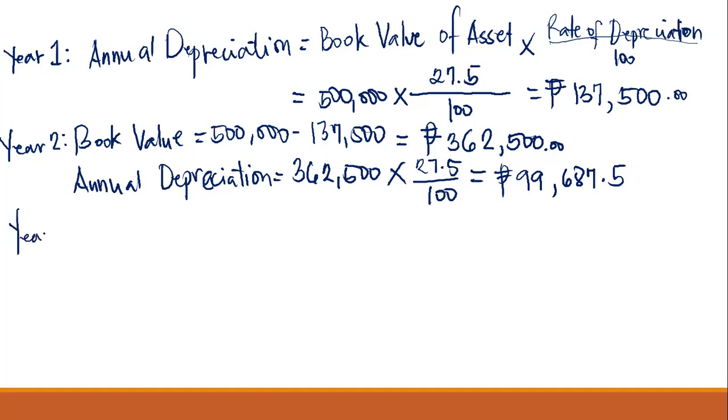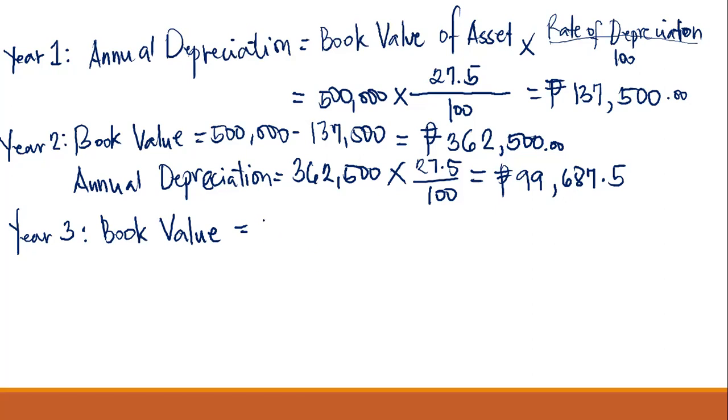Okay? Now we go to year 3. So we have to get first for the book value. So same process lang siya, is by getting the difference between the book value and the annual depreciation.